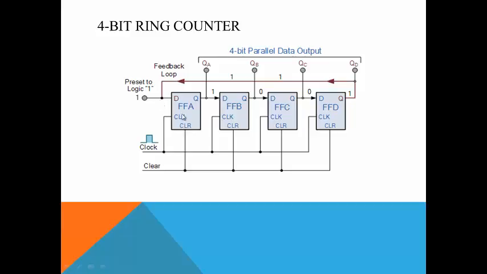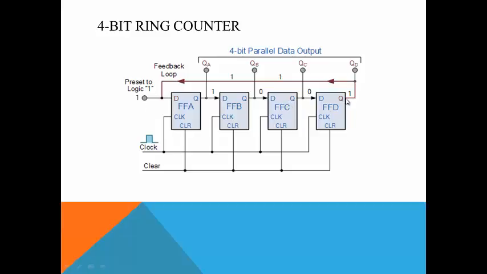You have the clear, and there is a preset signal. First time you set this to 1; initially everything will be 0, and for the first clock cycle this will be 1. After that this is cut and this one comes here.